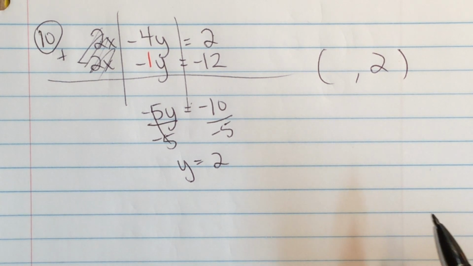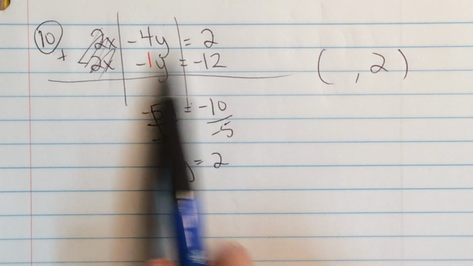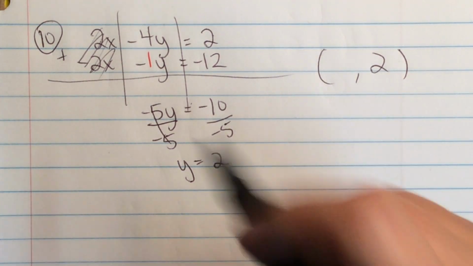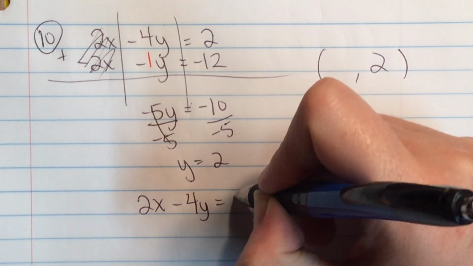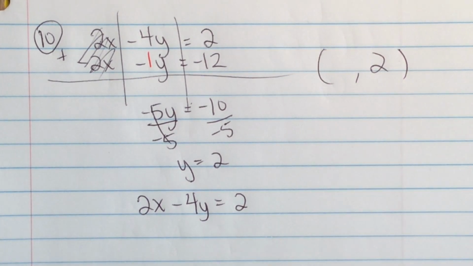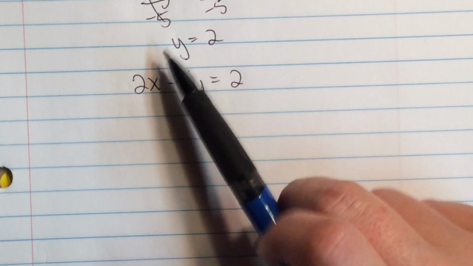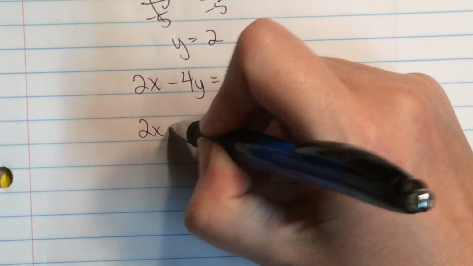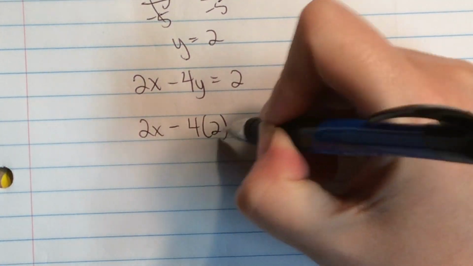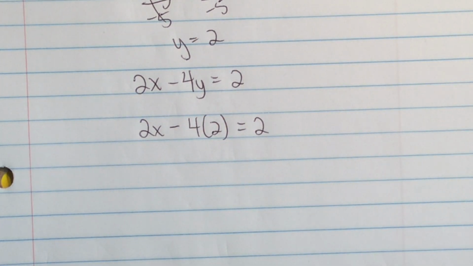Looking at the two equations, I'm thinking maybe the top one's easier. I think I'm going to plug it into that one. So 2x minus 4y equals 2. Instead of writing y, I'm going to write a 2. So 2x minus 4 times 2 equals 2.